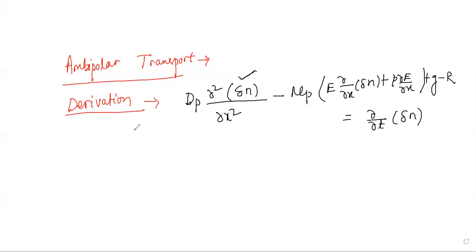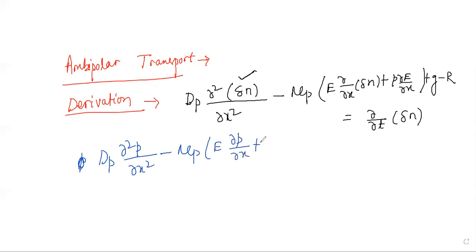If I rewrite the original equation that we derived in the previous video, for holes we derived an equation like this: D_p del square p by del x square minus mu_p E del p by del x plus p del E by del x plus g_p minus p by tau_pt is equal to del p by del t.